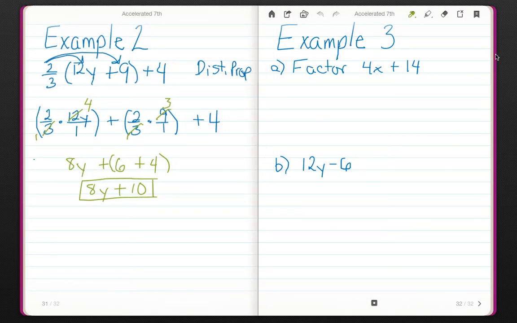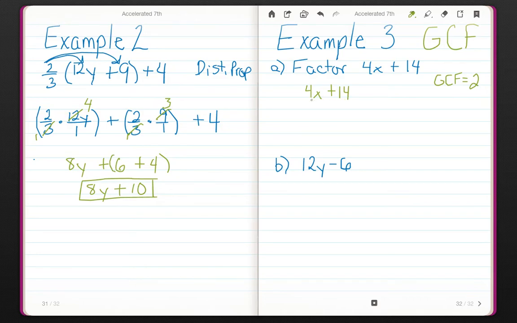I'm going to use the greatest common factor. So here in example A, I want to factor 4x plus 14. Well, I need to know what is the GCF of 4 and 14. The greatest common factor is 2. So I'm going to rewrite my problem, 4x plus 14.